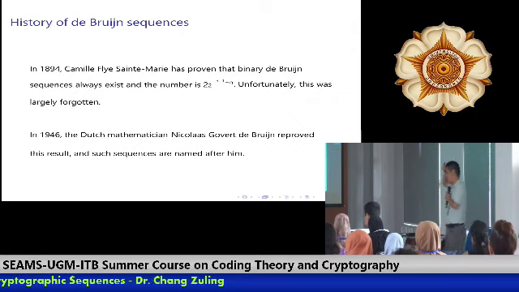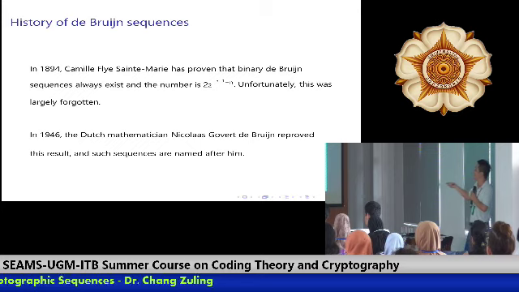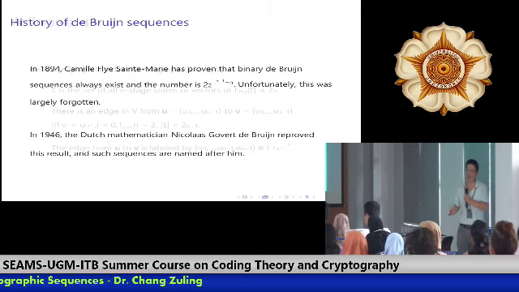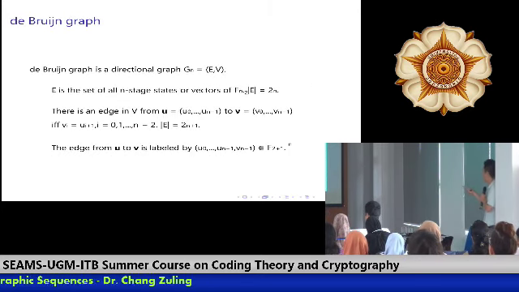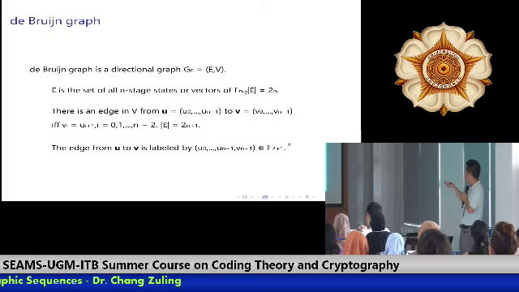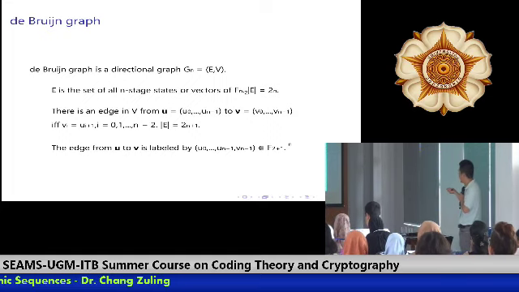One definition: the de Bruijn graph is a very important tool. The de Bruijn graph G_n is a directed graph, where n is the order.